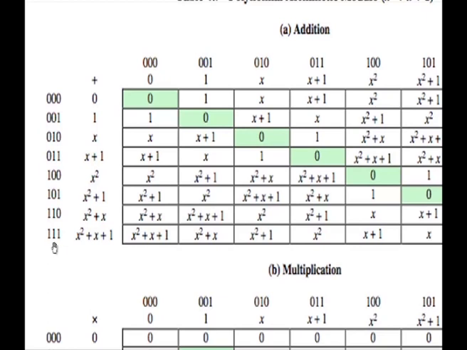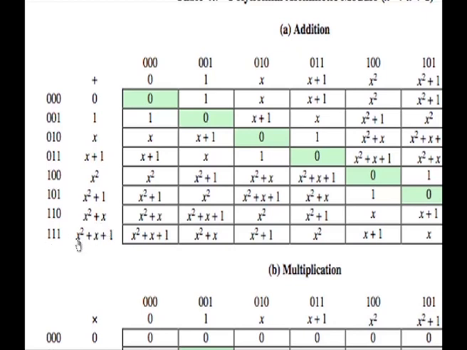For example, if all the coefficients are 1, I can represent it as x square plus x plus 1, which is how we represent it in the polynomial. Now 0 1 0 is x, 1 1 means x plus 1, 1 0 0 means x square, 1 0 1 means x square plus 1, and 1 1 0 means the x square term is 1, the x term is 1, and the constant term is 0, so it is x square plus x.